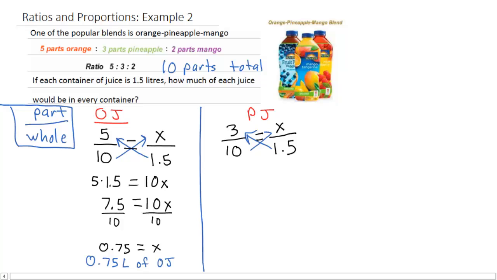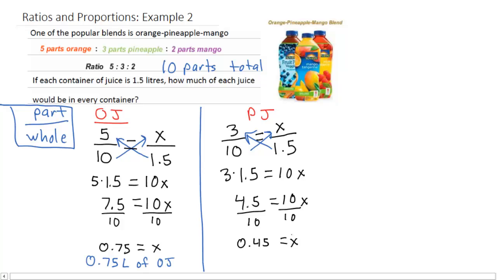Cross multiplying results in an equation that we can solve. 3 times 1.5 equals 10 times x. 3 times 1.5 is equal to 4.5. And dividing both sides of the equation by 10 results in 0.45 equals x. Since x was telling us the amount of pineapple juice in this 1.5 liter container, we can safely say that 0.45 liters of pineapple juice is in this particular recipe.